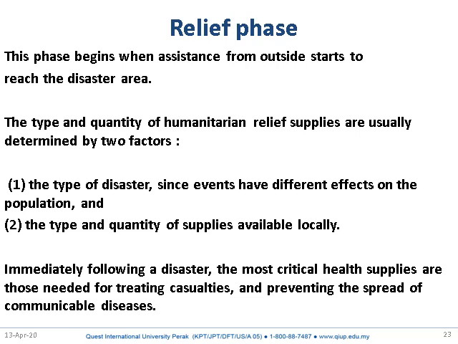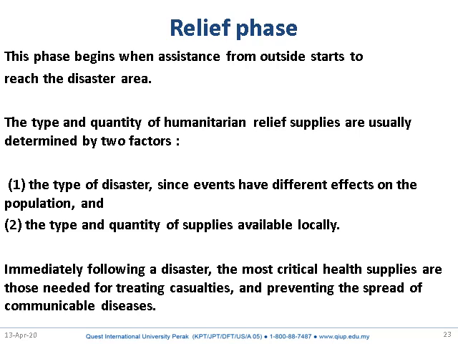Type of disaster matters, since events have different effects on the population. Some disasters will damage all the resources in that area. Sometimes supplies may be available in the area. So whatever supplies are not available in the area, they need help from outside.